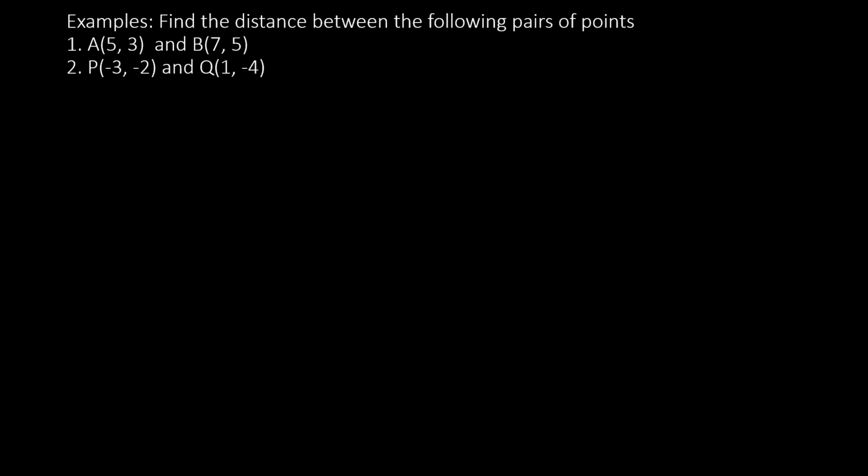The question says, find the distance between the following pairs of points. The first one, we have point A and point B, with point A having the coordinates 5, 3, and point B having the coordinates 7, 5. You can go on and try to represent this on a Cartesian plane, but to save time we are not going to do that in this tutorial.